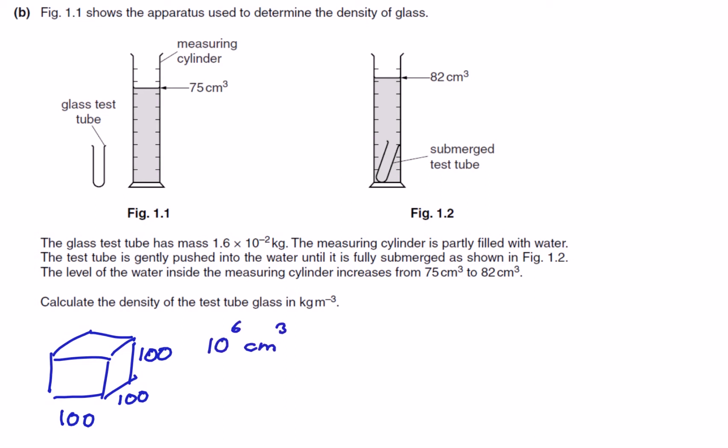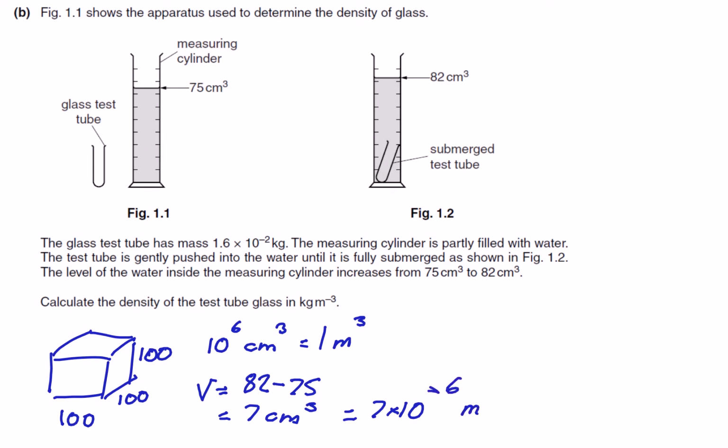So the volume of our test tube is 82 centimeters cubed minus 75, which is 7 centimeters cubed, but of course we want that in meters cubed, which is 7 times 10 to the -6 meters cubed. Now we've got our volume in the correct unit.